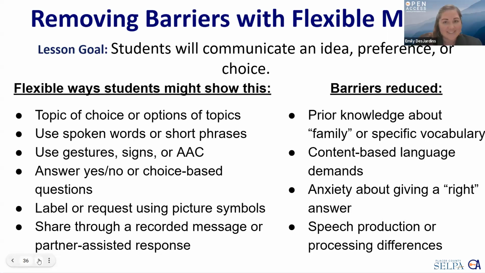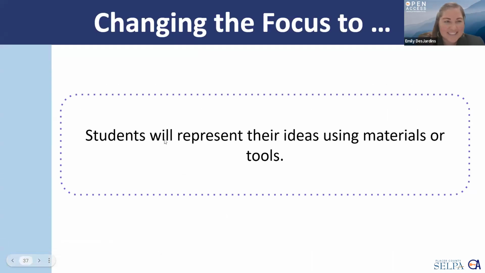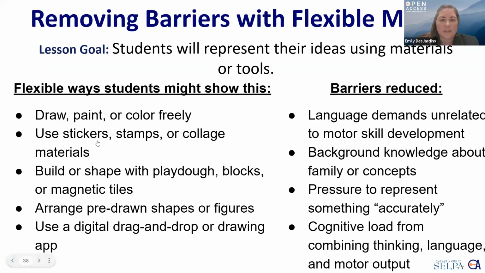So we can also change the focus, last one, I promise, to students will represent their ideas using materials or tools. And some ways that we might create some flexible means for them could be maybe they draw, paint, or color freely. Maybe they use stickers, stamps, or collage materials. Maybe they build or shape with Play-Doh, blocks, or magnetic tiles.